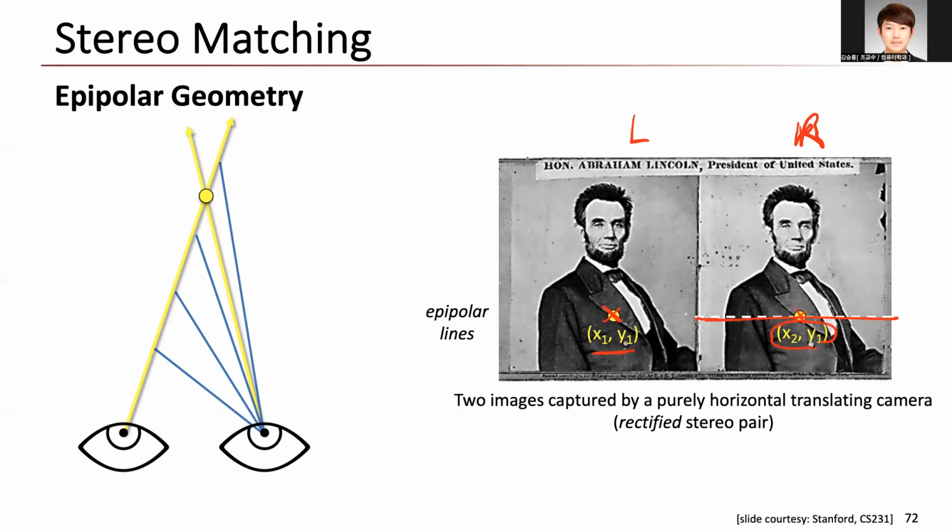So the epipolar line is only in the x direction. The two images are captured by a purely horizontally translated camera, a rectified stereo pair. When we set up the stereo camera, left camera and right camera, there's no vertical translation, only horizontal. So pure horizontal translation happens.